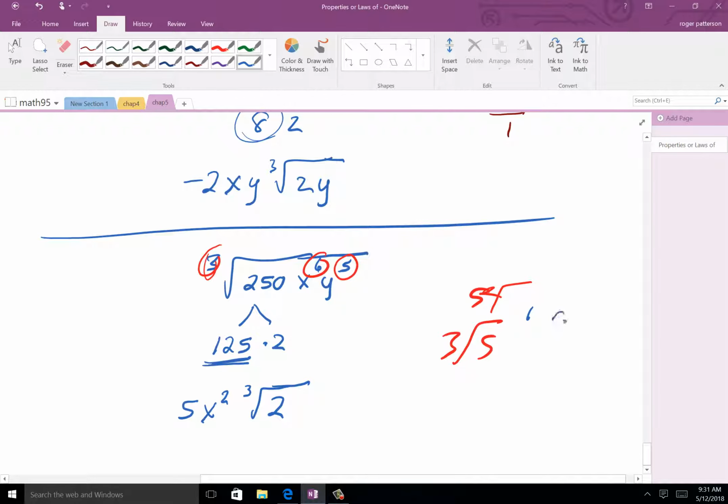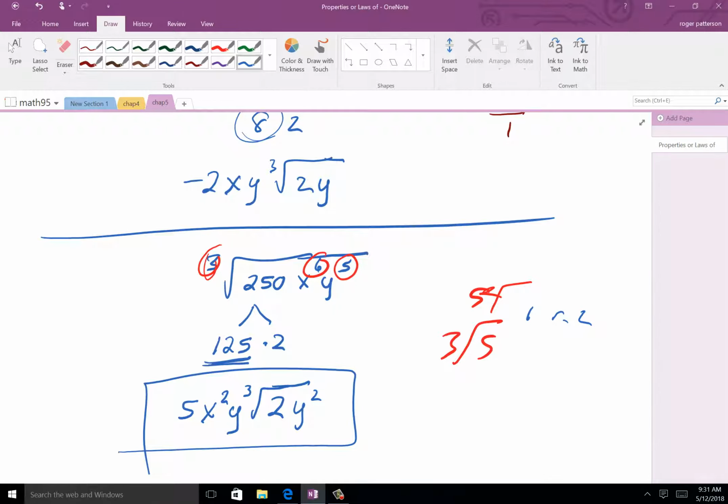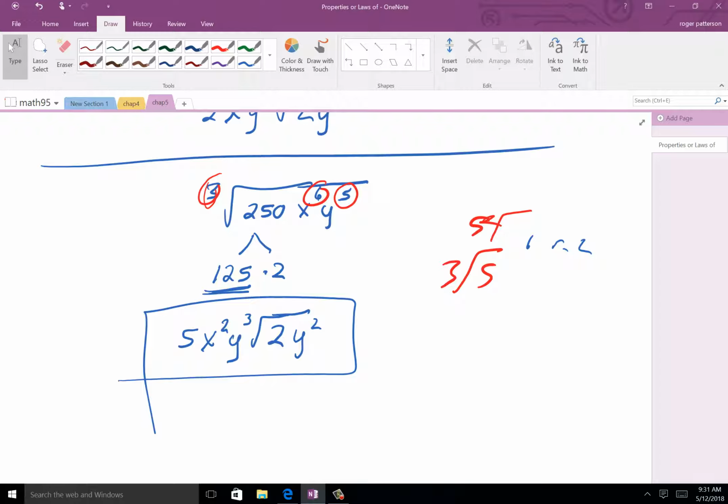Once with 2 left over. So one of the y's is going to come out, but I've got y squared inside because it's a remainder of 2. So that's a little bit tricky.